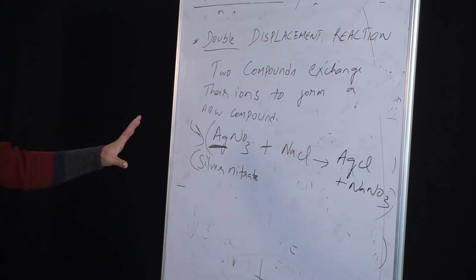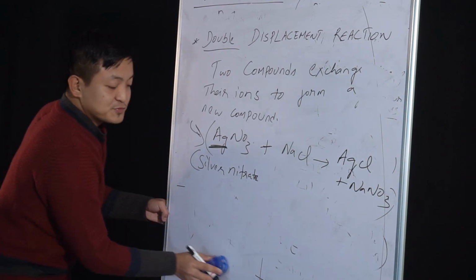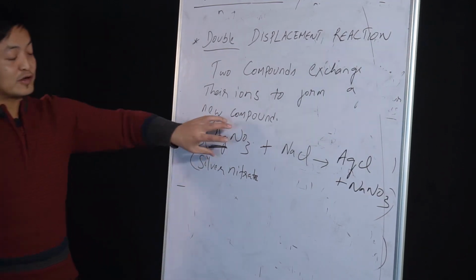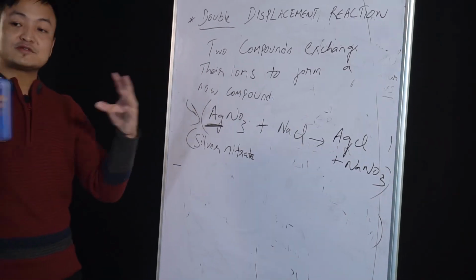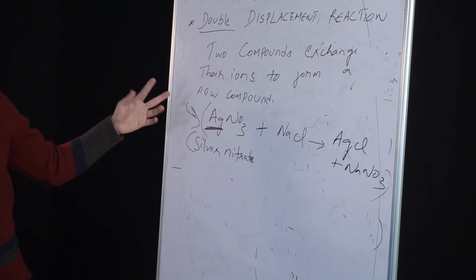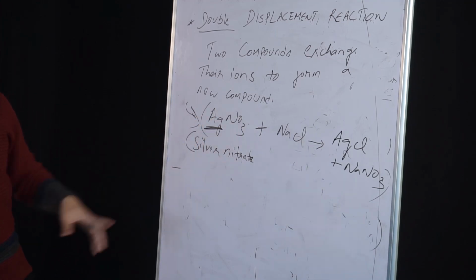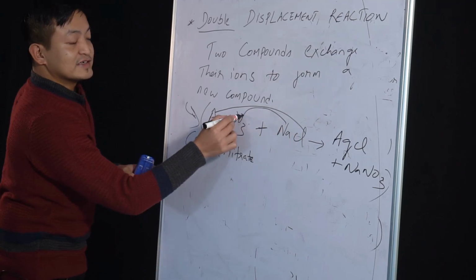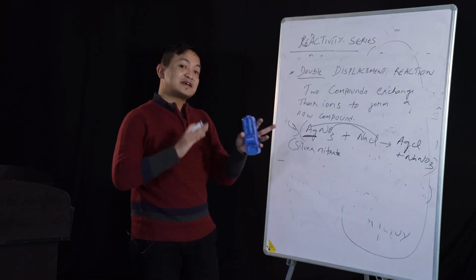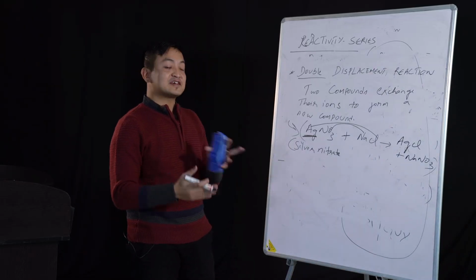Now what we are seeing here is first we have silver nitrate. This is one compound. This is another compound. So altogether we have two compounds coming together. And now what happens is they exchange their ions. So silver takes this. Now sodium takes this. So it's the same thing, but in the product we see they have exchanged their ions.